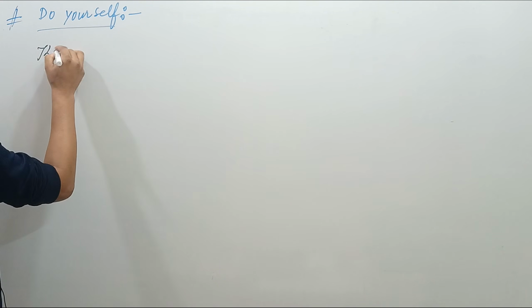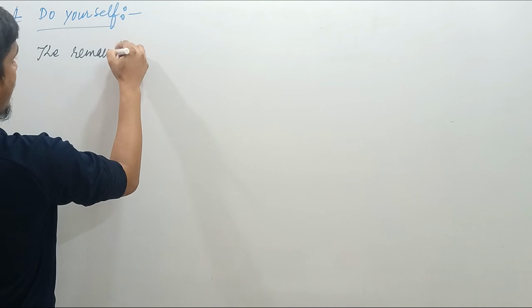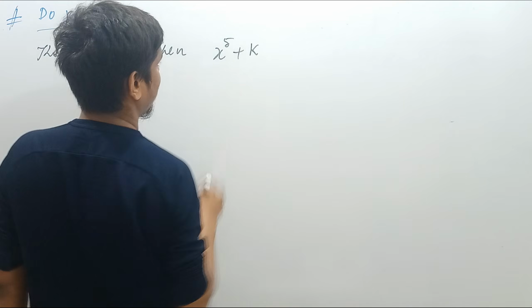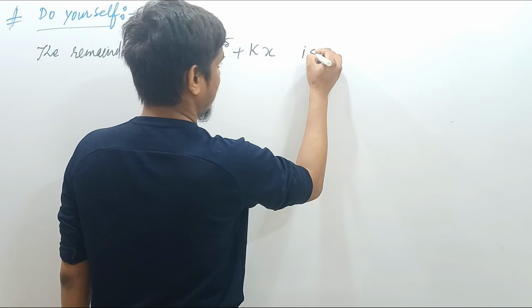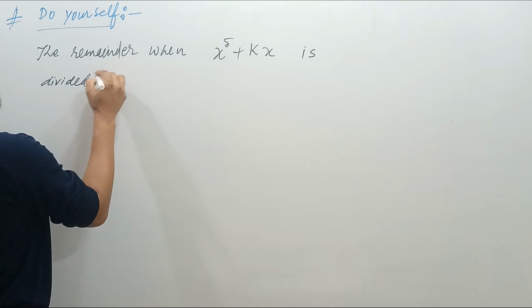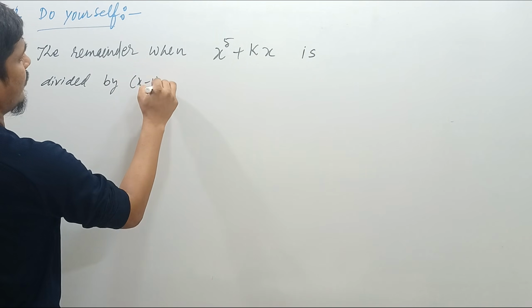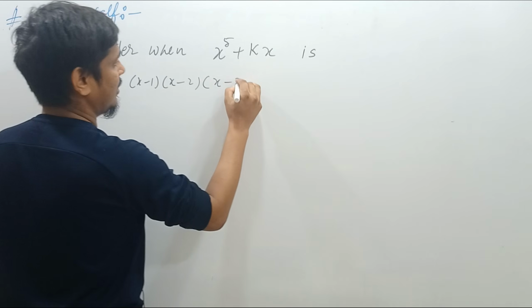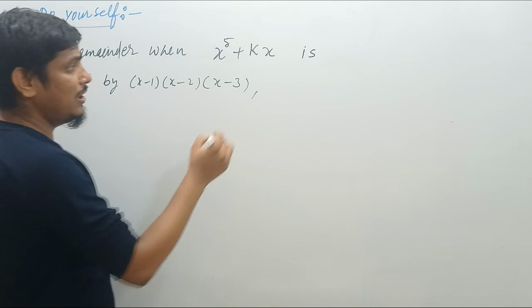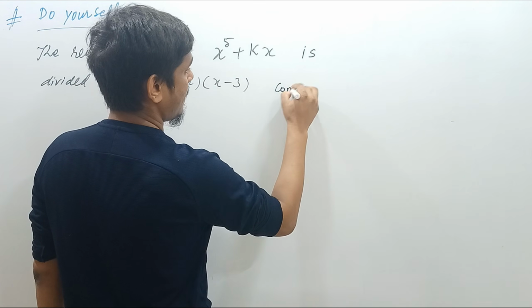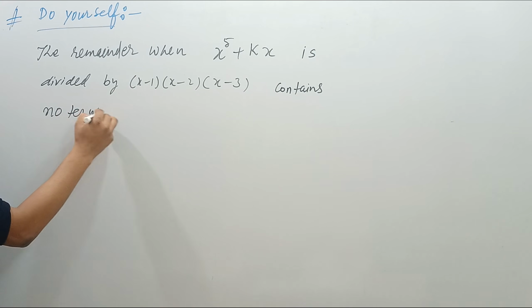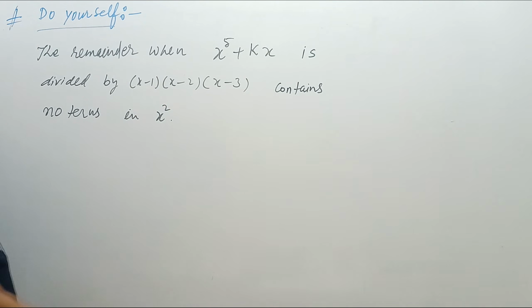The remainder when x to the power 5 plus k times x is divided by x minus 1 times x minus 2 times x minus 3 contains no terms in x square.